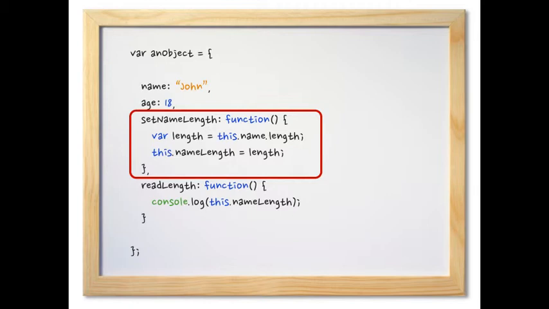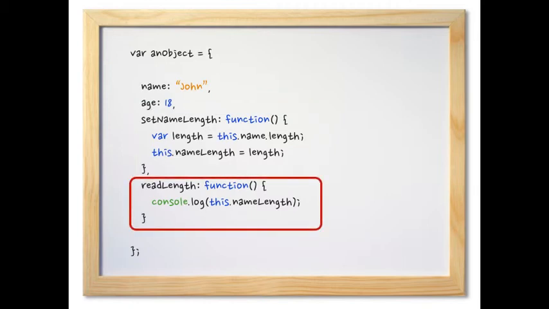But as soon as we use the this word and point back to the actual object, we can store the length there instead as a new property of the object, now making it available whenever we point to the object. So in this case, if we call the readLength function, it will point to the object's property called nameLength and log that. Now we're starting to see how we can share values between functions inside objects, which is important to write clean code.